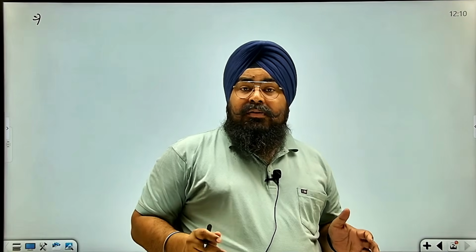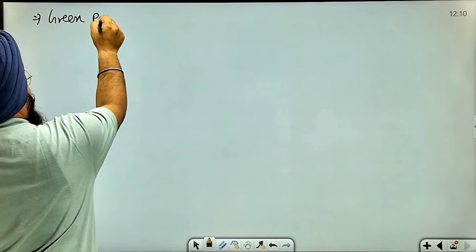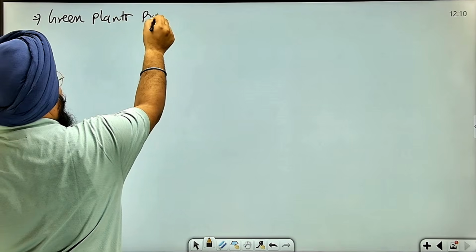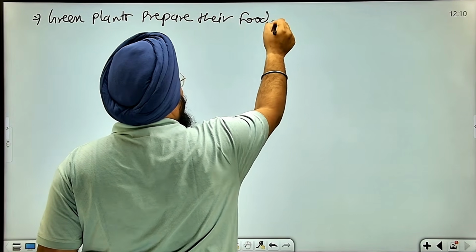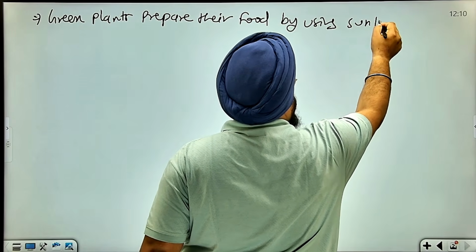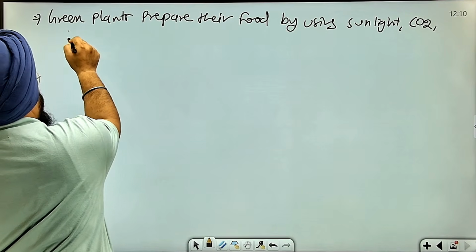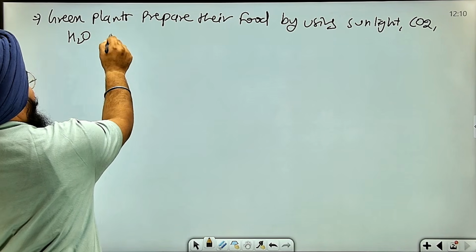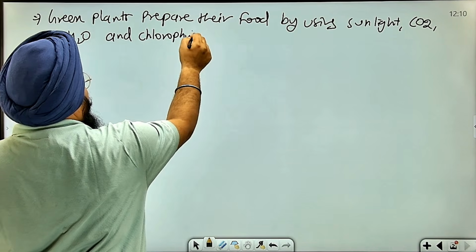If we remember our early classes like 6th class, 7th class, then a simple definition of photosynthesis: the green plants prepare their food by using sunlight, CO2, water and chlorophyll.